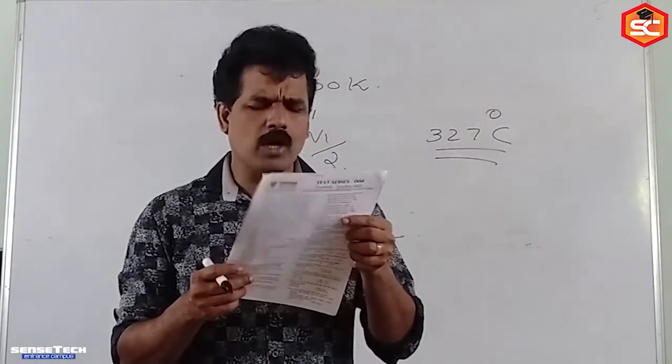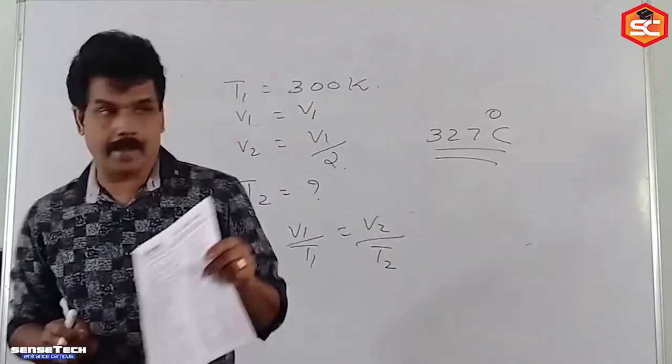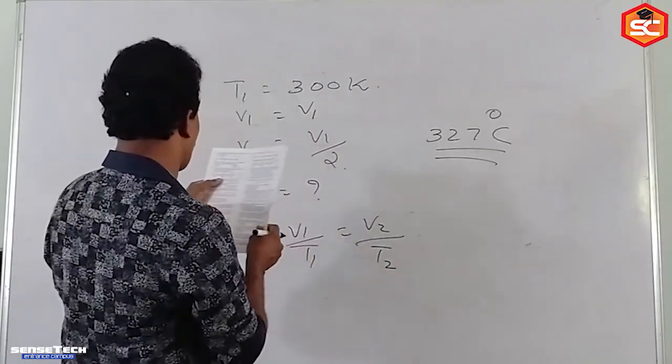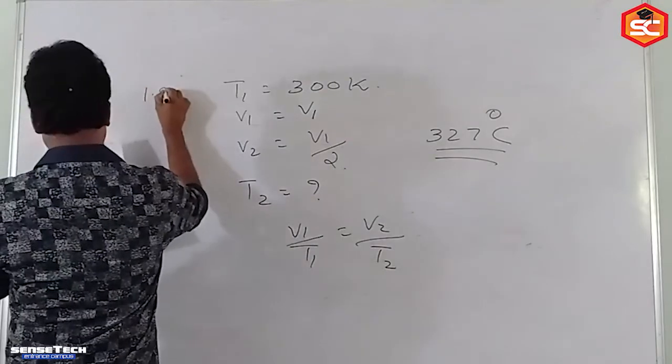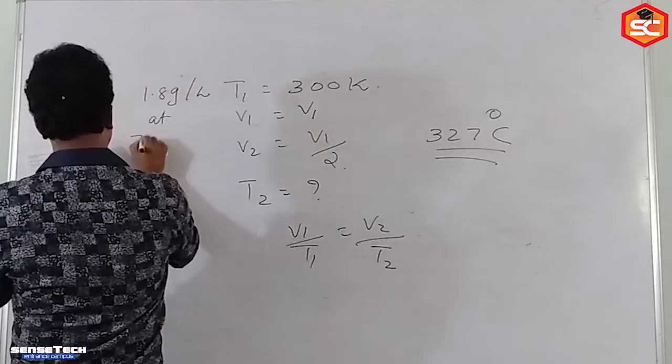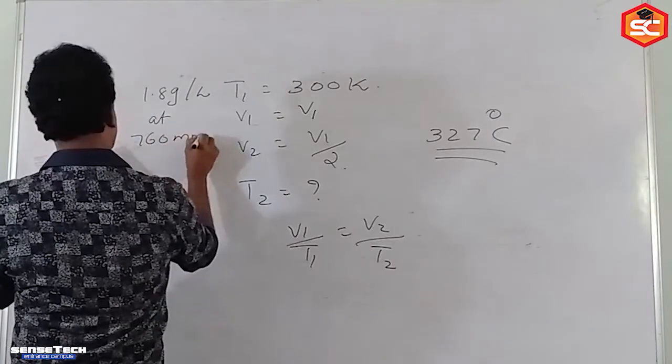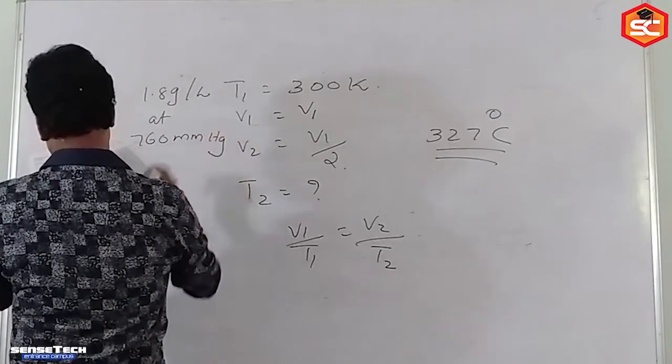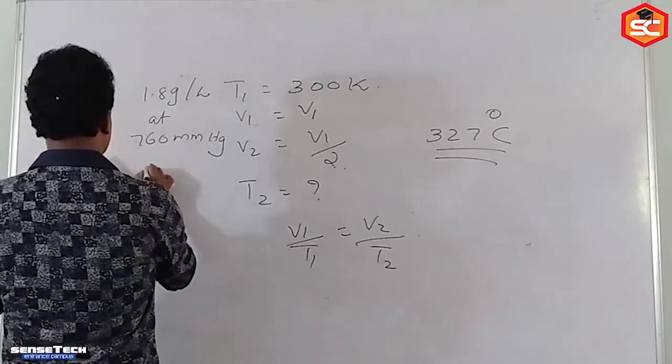A gas is found to have a density of 1.8 gram per liter at 760 mm mercury and 27 degrees Celsius.